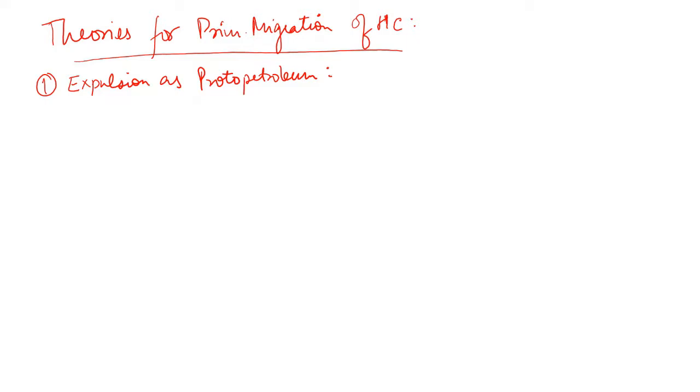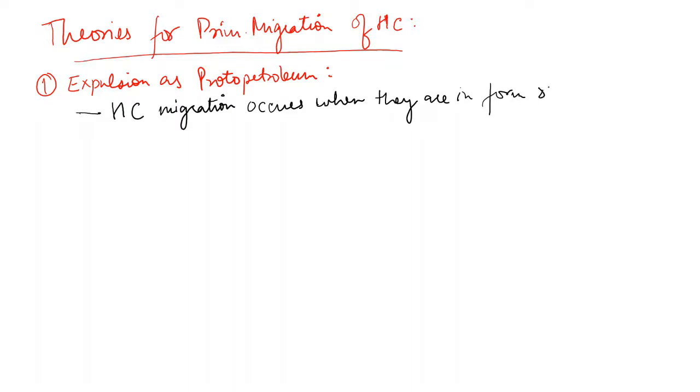So what does this theory say? The proto-petroleum theory says that hydrocarbon migration occurs when they are in the form of ketones.